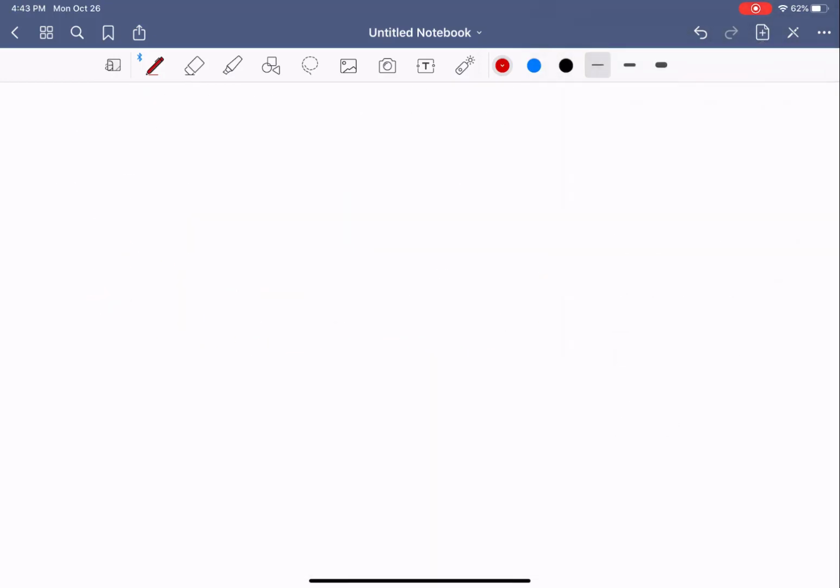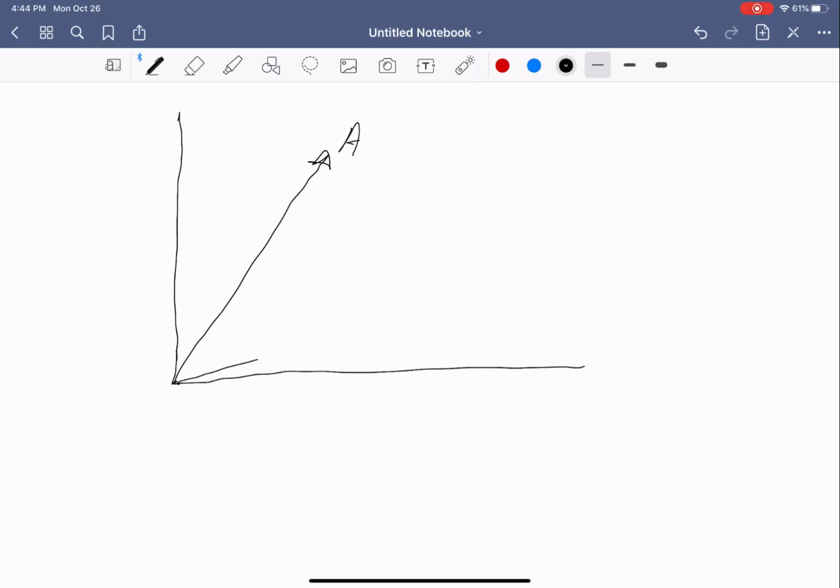Okay, so we add another page here, and what we'll do is build a coordinate system with those same two vectors that I had on it. So I had this vector, pardon me, this was A, and this was vector B, something like that.